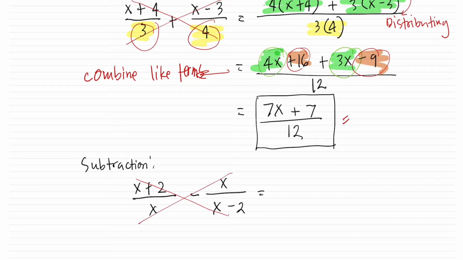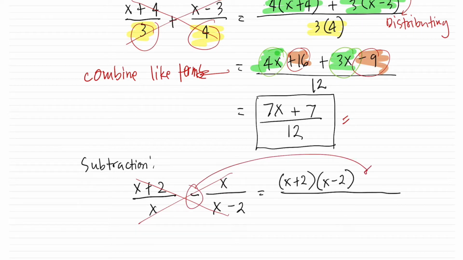So we have x plus 2 and x minus 2, and then we copy the sign here. So we have minus x times x, and then we multiply the 2. So we have here x times x minus 2.